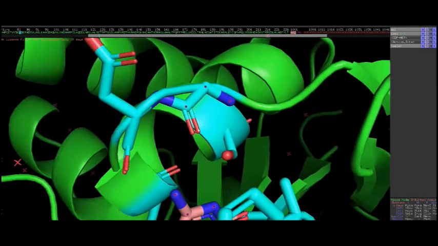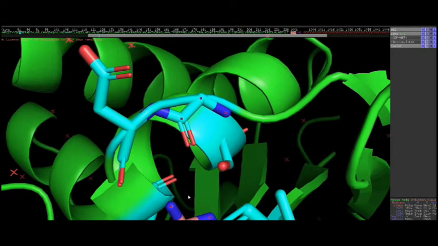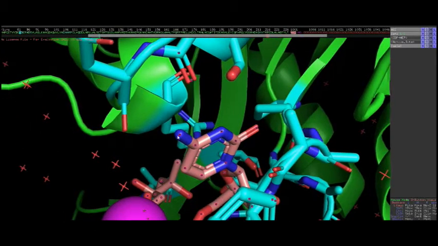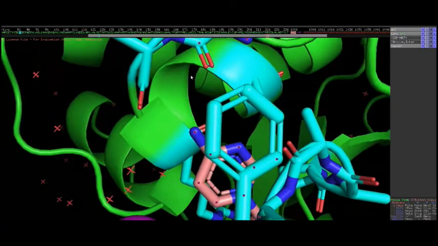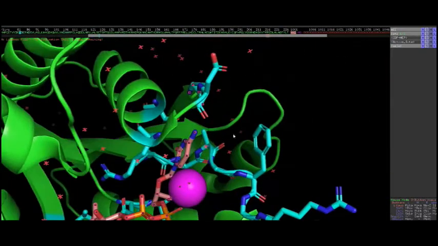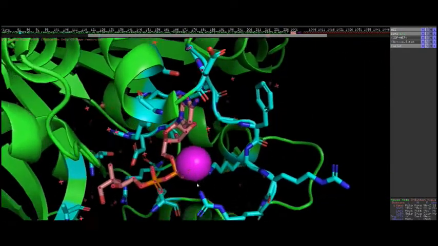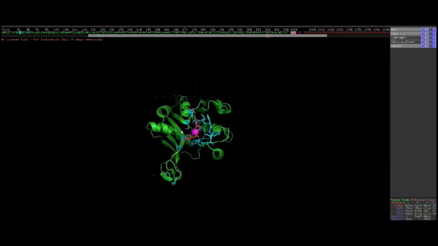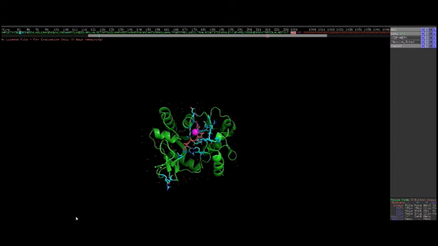So this double bond oxygen are hydrogen bond acceptors, and then this nitrogen here would be hydrogen bonding to those. And so we can see how this is all being held inside the active site of this enzyme here.